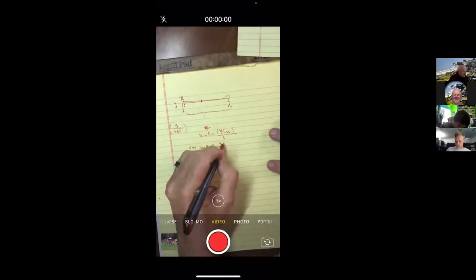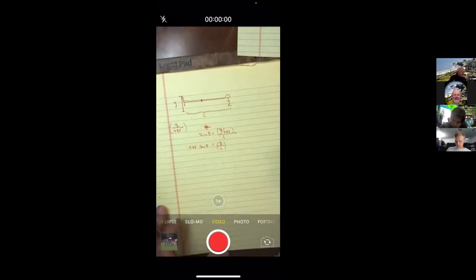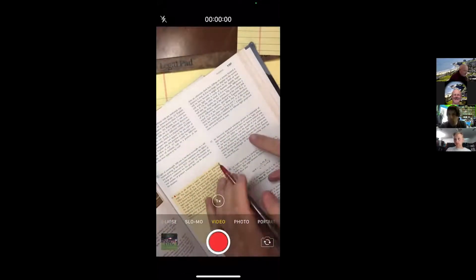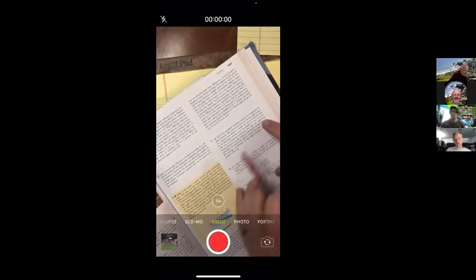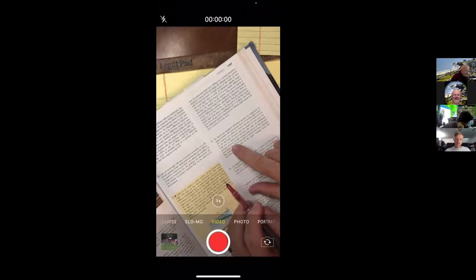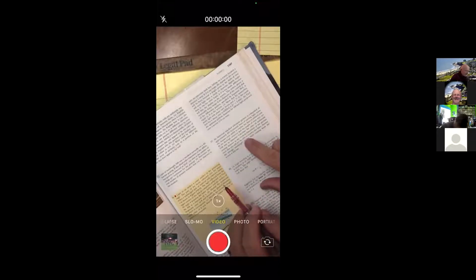And this Y over L is what they're looking for. That might be kind of confusing too. Let me come back and read the question. It says calculate the ratio of the minimum viewing distance to the vertical dimension. Oh, I guess I have mine upside down, so let me flip it.